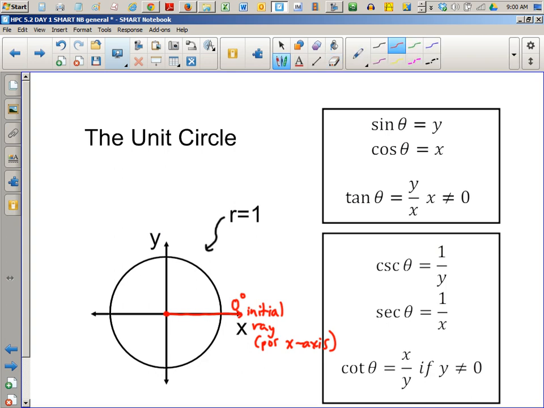And then as you go around the circle, like this, as you go this direction, that's considered the positive direction. And if you go the other direction, that's considered the negative direction. So it's interesting, but clockwise, going the direction of a clock, is considered negative.